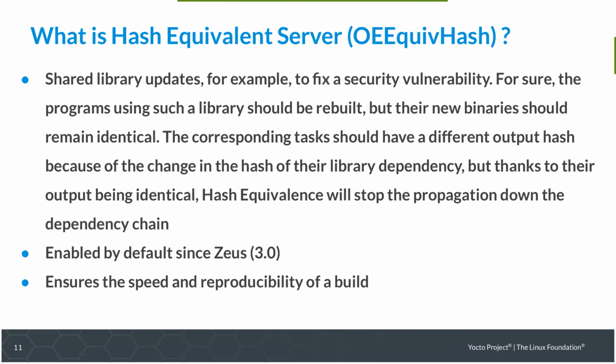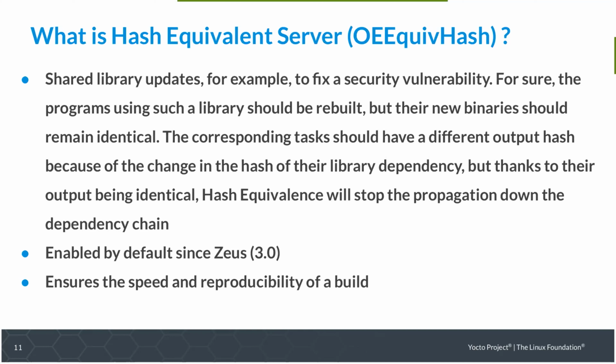Some dependencies you don't need to propagate the build through the dependency chain. So the hash server is going to manage this for us. By default, the hash equivalence server is enabled since Zeus, or Yocto 3.0. And the purpose is to ensure speed and reproducibility of the build. Okay.